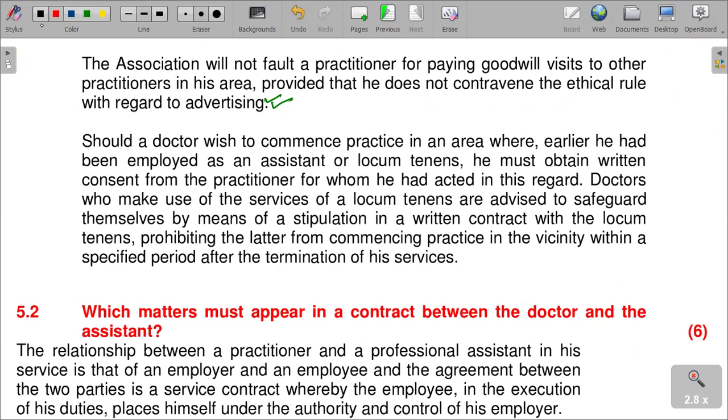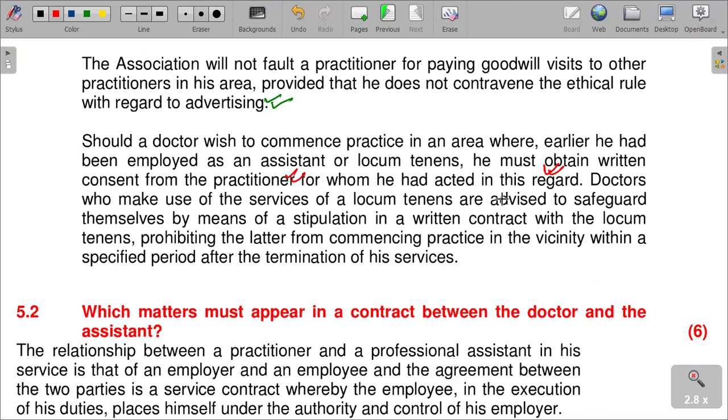We must not in any way contravene or try to downsize the businesses of other practitioners in the area. Should a doctor wish to commence practice in an area where he had been employed as an assistant or as a long-term tenant, he must obtain written consent from the practitioner for whom he had acted in that regard.